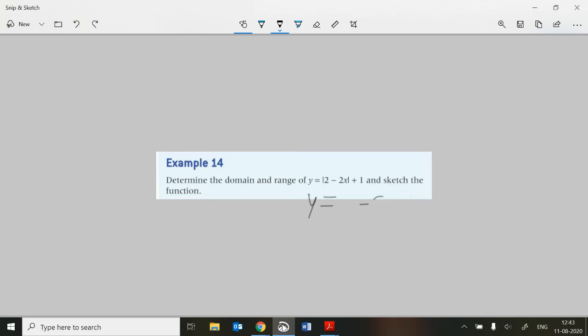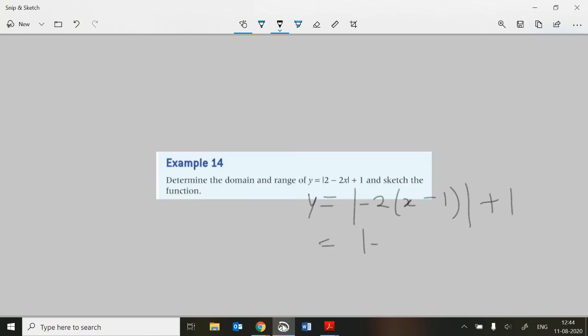Actually, we can take out -2 here as a factor, and that's going to leave you with x - 1. That's just factorizing the thing on the inside, and then we've got this +1 on the end.